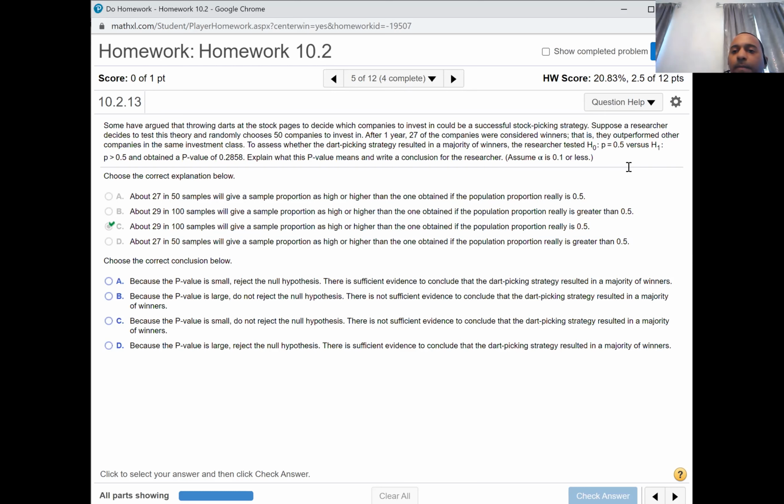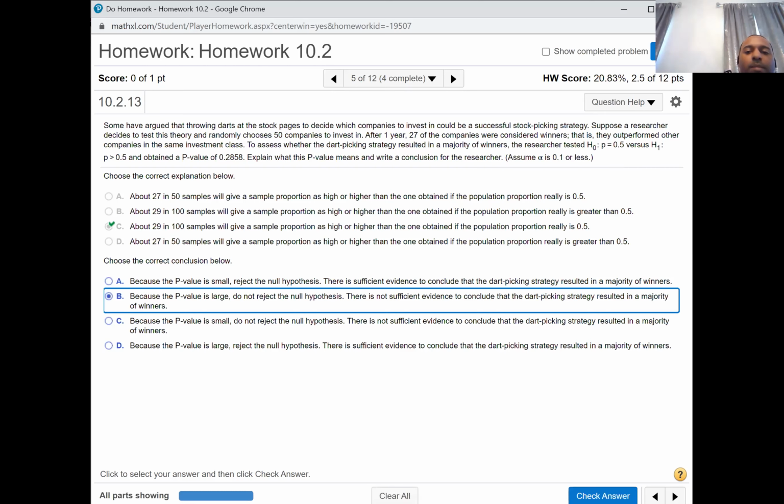All right. And looking at the next one, p-value is 0.28. So first of all, we know it's not going to be A or C because it says the p-value is small. We know that the p-value is large. So we're going to look at B or D. It says because the p-value is large, do not reject the null hypothesis. Remember, if it was small, we would reject the null hypothesis.